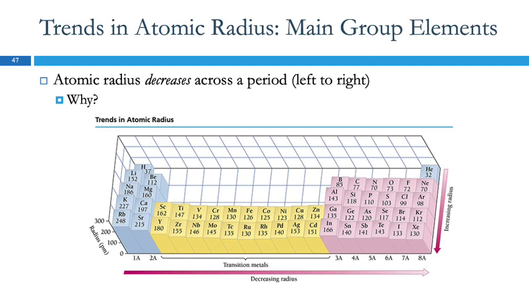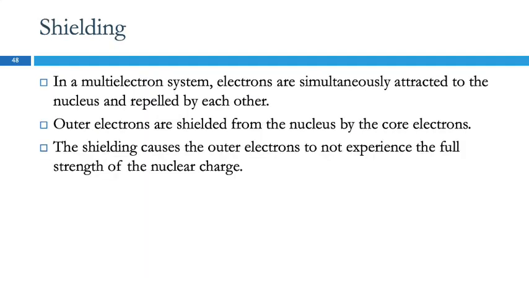And that's a bit counterintuitive. Because neon has more protons, more electrons than lithium. And yet it's smaller, right? That's not what we would expect. So what's going on here?